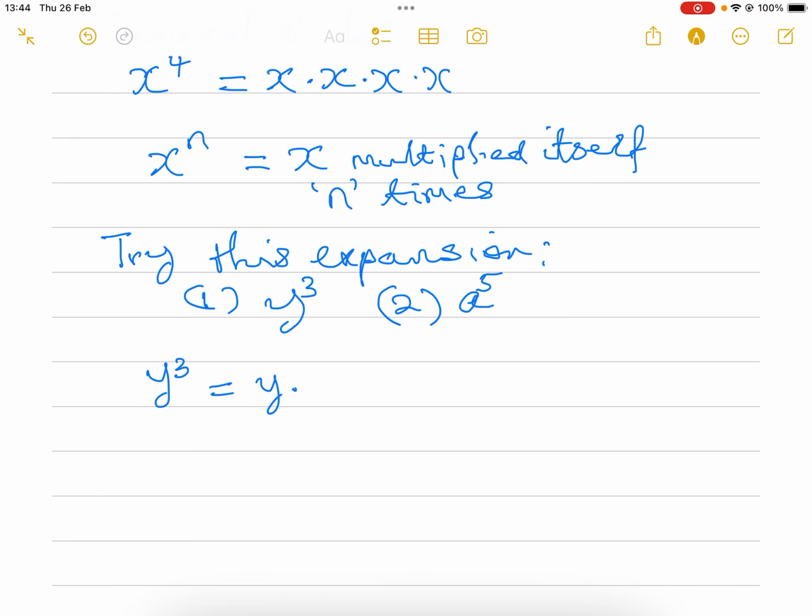Now let's do it together. Y raised to power 3 is equal to y times y times y. And a raised to power 5 is equal to a times a times a times a times a. Repeated multiplication.